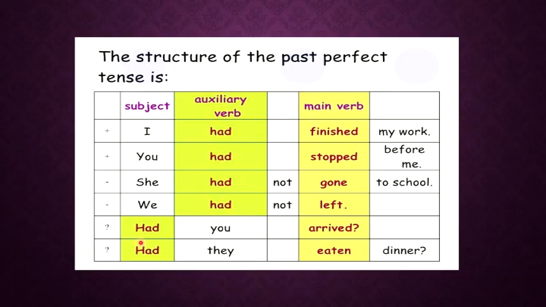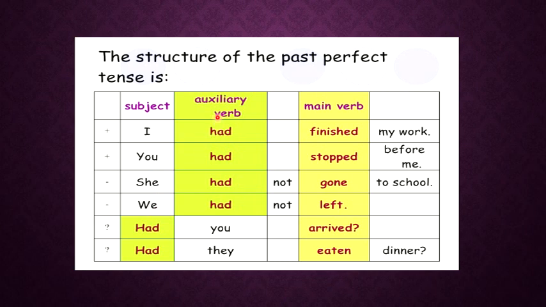Alright. So the structure of the past perfect tense, there are some examples. I had finished my work. You had stopped before me. She had not gone to school. We had not left. Had you arrived? Had they eaten dinner? So there are two sentences of each type. The first two are affirmative sentences. The next two are negative sentences. And the last two are interrogative sentences. And it is a very good chart to understand that subject is I, you, she, we.